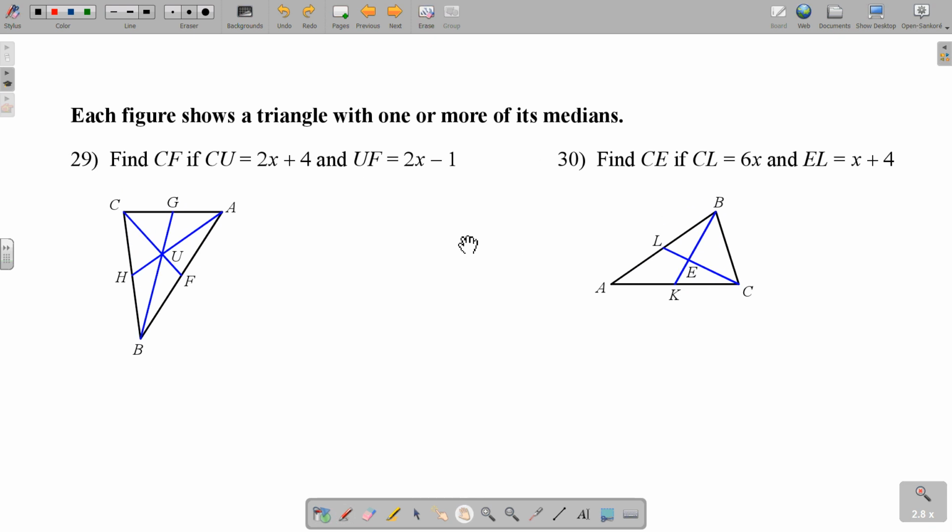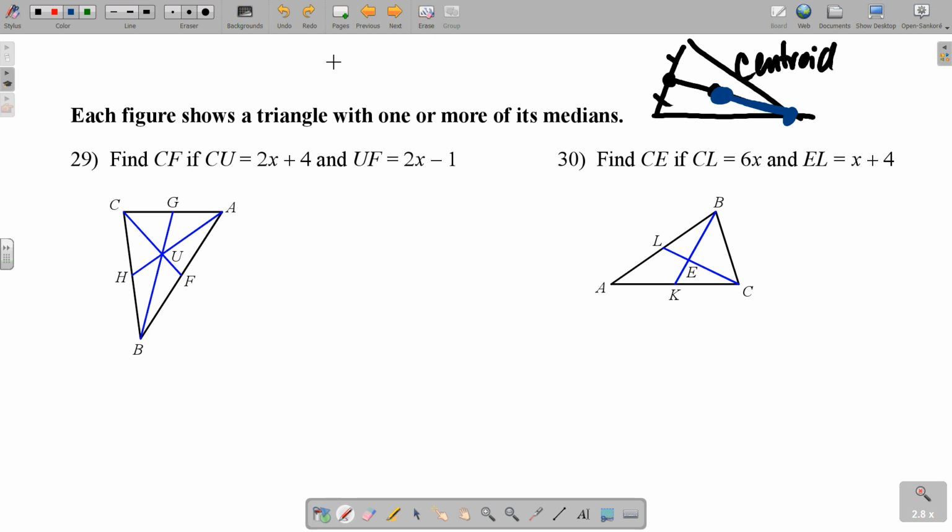Each of the figures has one or more of its medians. Let's do a quick recap. When you have a triangle and you have a median, that's going to be a centroid. Median connects midpoints, and that's a centroid. We know this, that vertex to the centroid, blue, is twice as big as centroid to that midpoint.